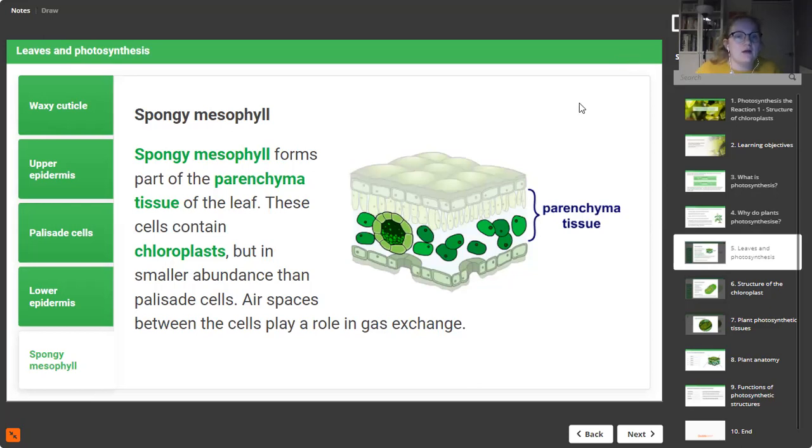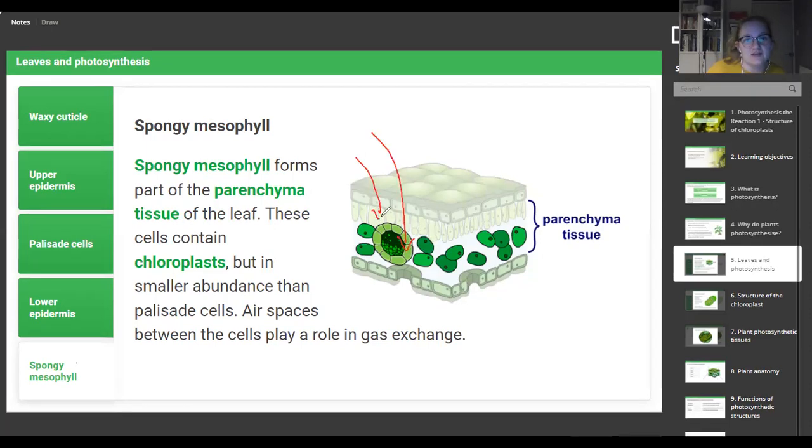These cells contain chloroplasts as well, but they're in smaller abundance than in the palisade cells. If we think about what I was saying about the light needing to get through and the wavelength of the light getting through, the distance that the light would need to travel from the top of the leaf to here would be a lot further than just getting from the top of the leaf to here.